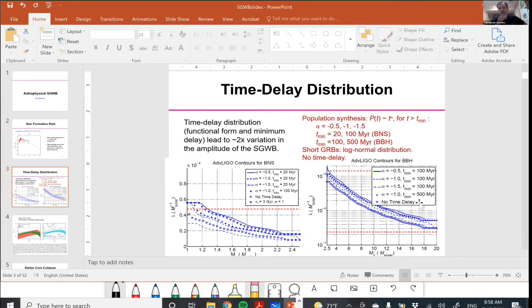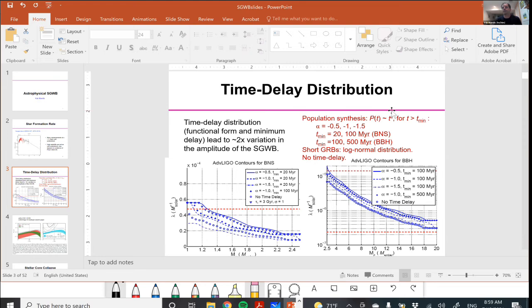I'm not an expert really on this question, but from what I understand from the population synthesis models, the models tend to predict a distribution that slowly decays with time. So you can try more complex time delay distributions, but if you want to be consistent with population synthesis, you don't have a huge amount of room to play.